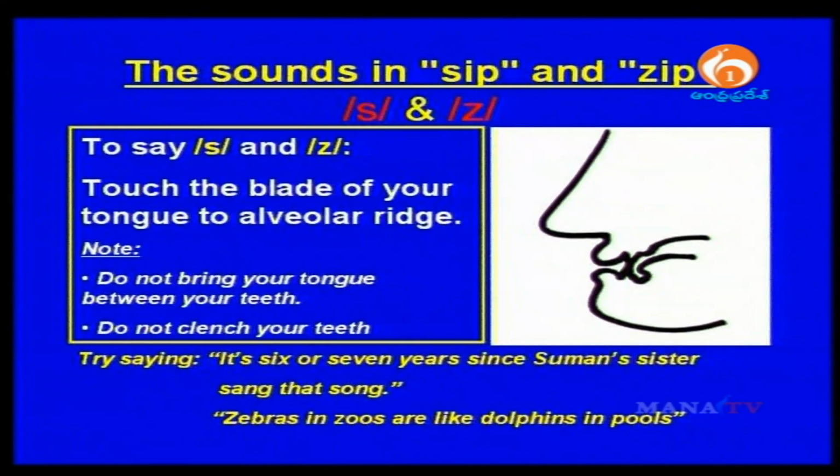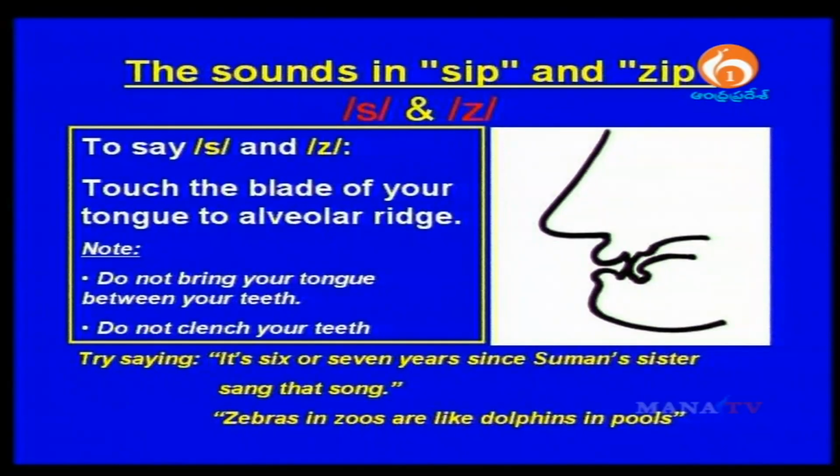Just remember the hissing of a snake. S. That's it. S sound is as simple as that. Touch the blade of your tongue to the teeth ridge and release air. You would have the hissing sound of the snake coming in, and that's the sound we're talking about.